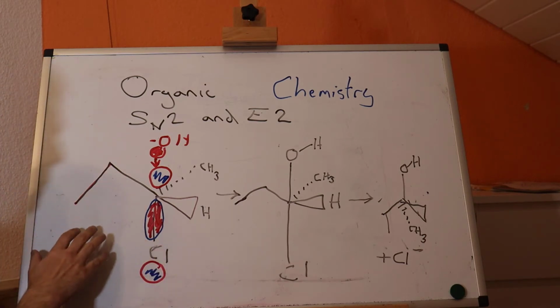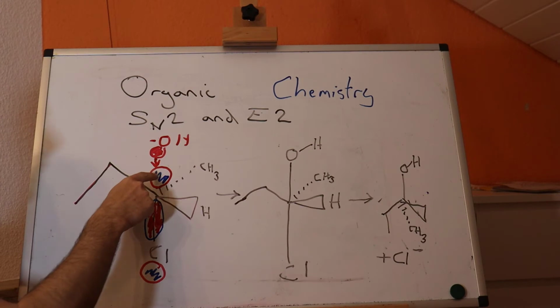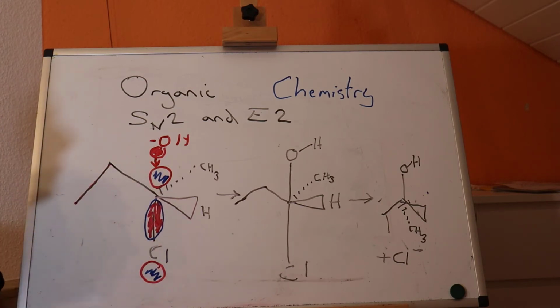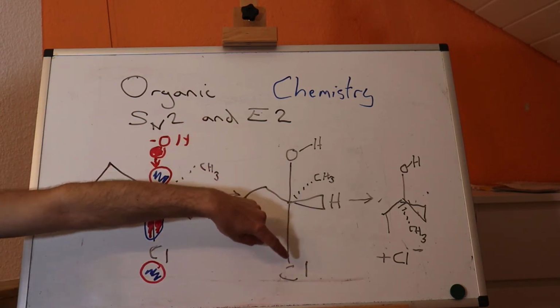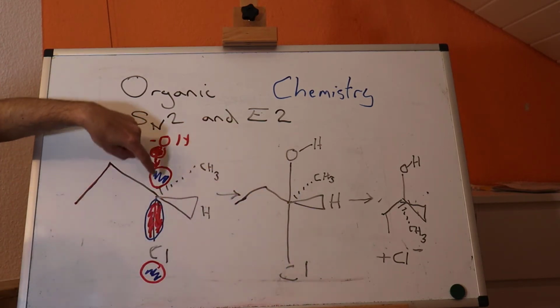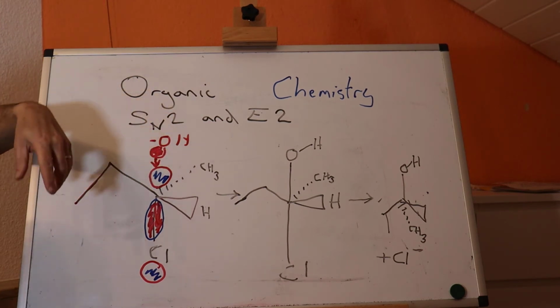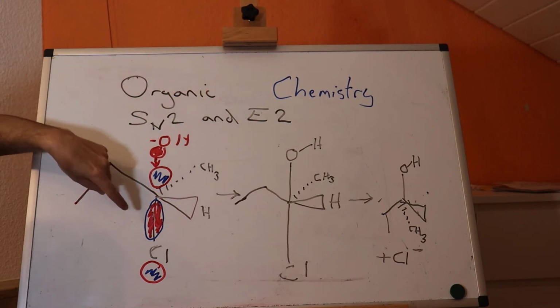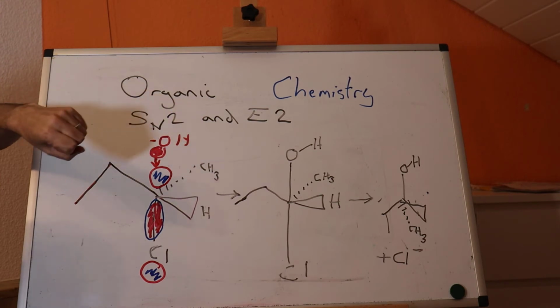If we are looking at the mechanism, we can see that we're attacking into the anti-bonding state of the bond, which is logically making this straight line bond all the way through, because the anti-bonding state of single bonds are directly behind. The anti-bonding states of double bonds are out on the sides, because obviously the double bonds are on the top and below, and the anti-bonds are also on the top and below.